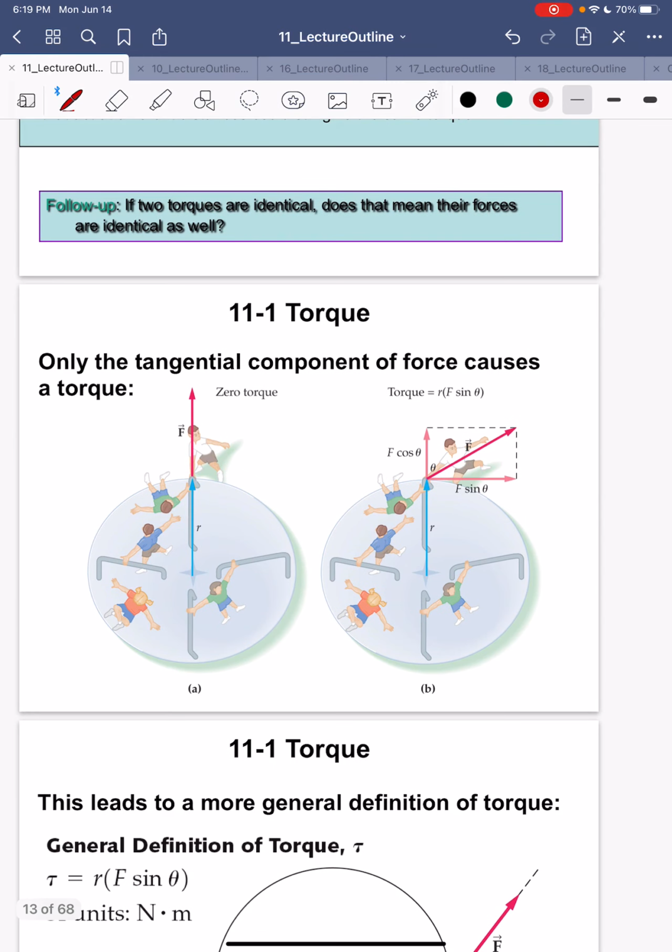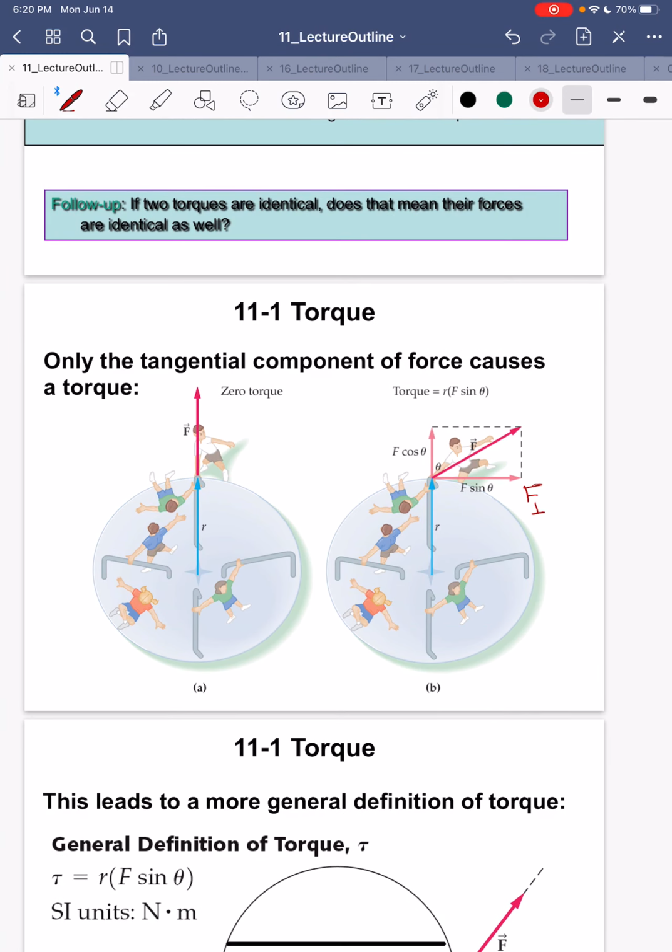Now, I will say only the tangential component of the force causes torque. Which means we find that this one, which we call F perpendicular, is going to cause the torque, because the other component is along the arm, along the axis of rotation, and it will not create any torque.